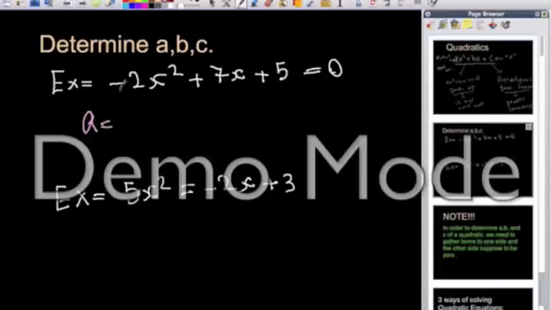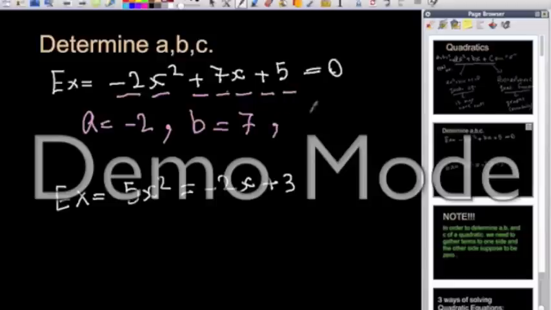As we learned, the equation is ax squared plus bx plus c, so it should not be that hard to determine a, b, and c. So in this case, a is negative 2, b is 7, and c is 5.